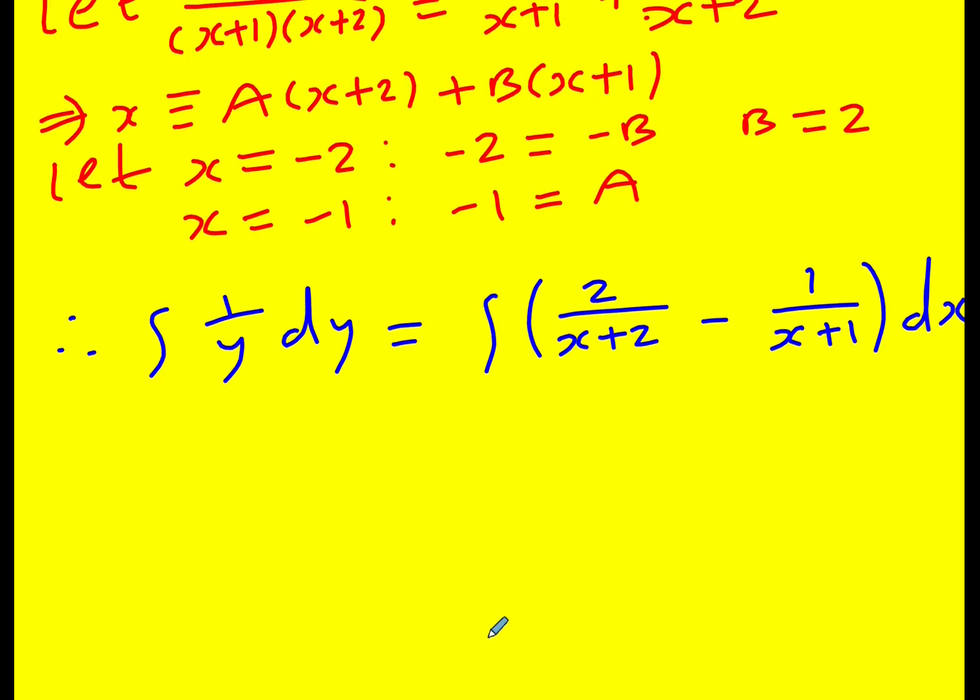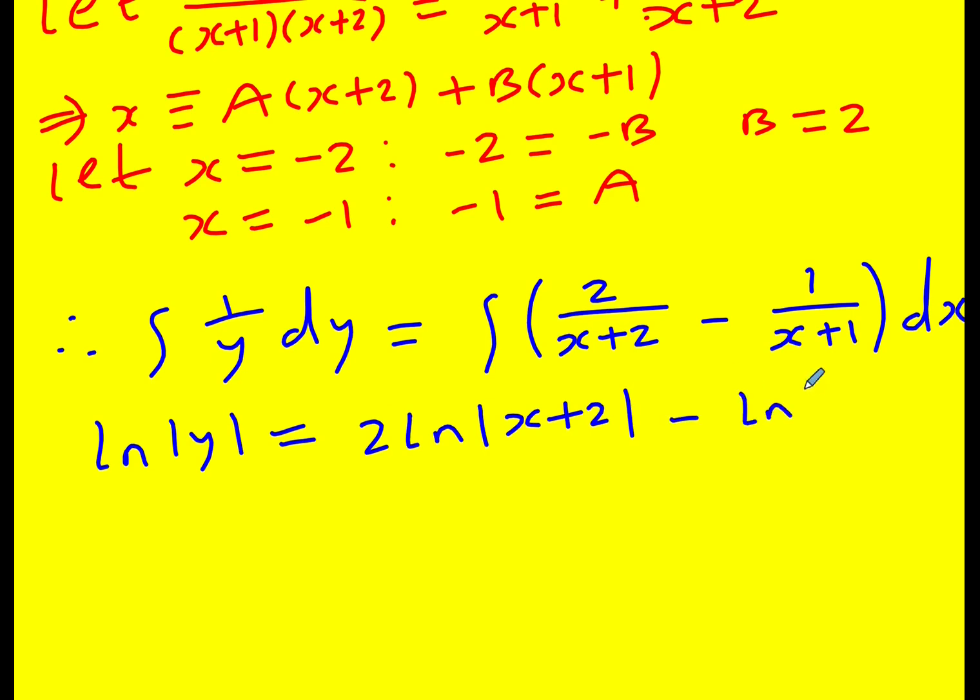Okay, nice. When we integrate 1 over y, we're going to get ln, technically with a modulus around it. And then here, bring out the 2, and it's going to be ln of x plus 2, again in the modulus, minus ln x plus 1. Don't forget to add the c.